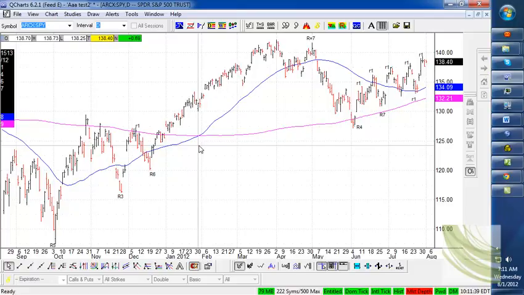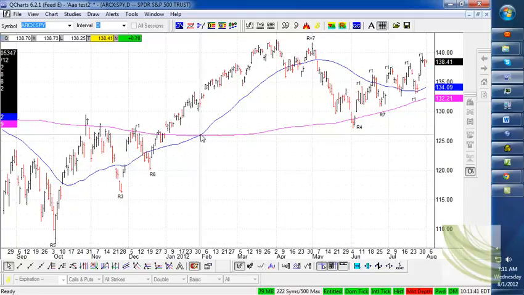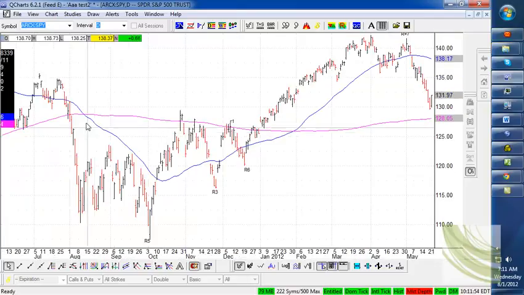In other words, when the 50-day moving average goes above the 200-day moving average, the theory is that the market is going up. And when it goes below, like it did over here, the theory is that the market is going down. The problem with lagging indicators is they are lagging.